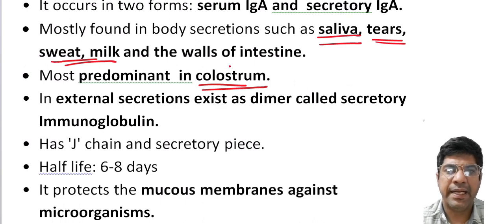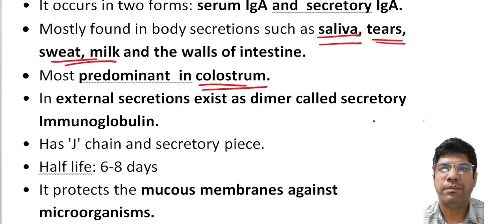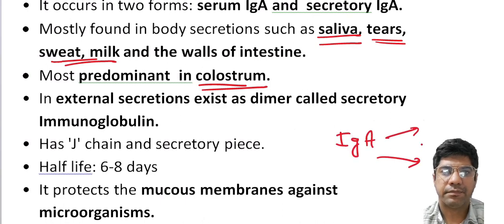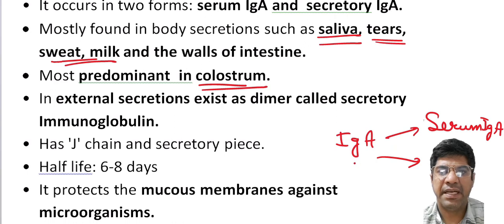IgA occurs in two forms: the serum IgA and the secretory IgA.